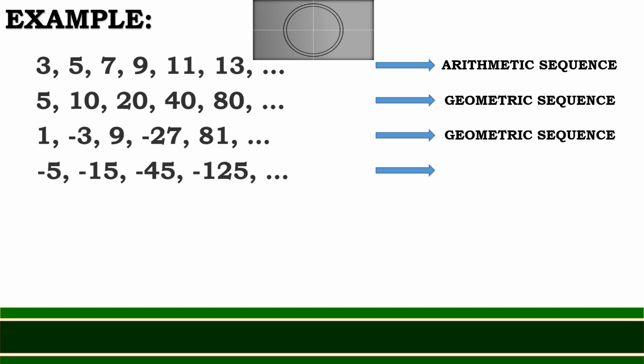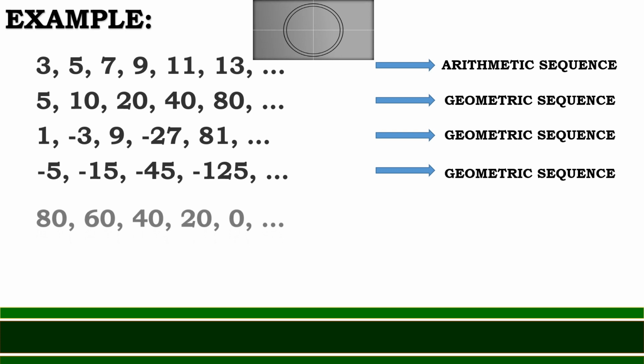Okay, so negative 5 times 3, negative 15, negative 15 times 3, negative 45, negative 45 times 3, negative 135. This sequence is a geometric sequence. Okay, how about this?